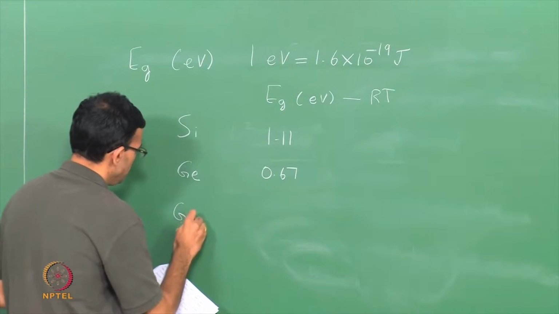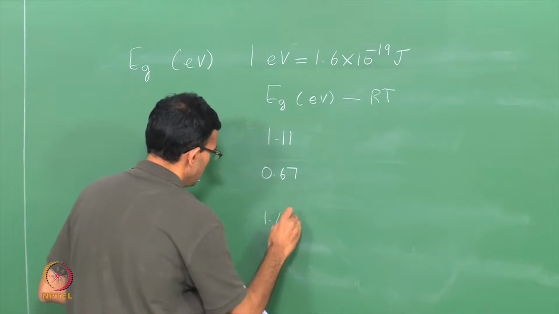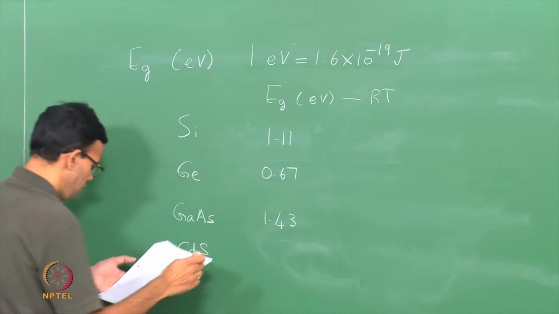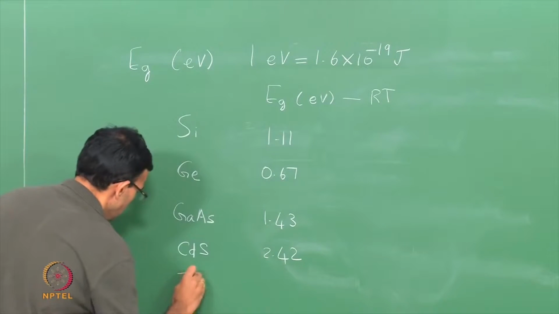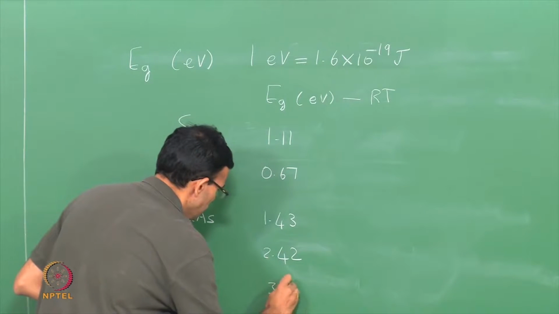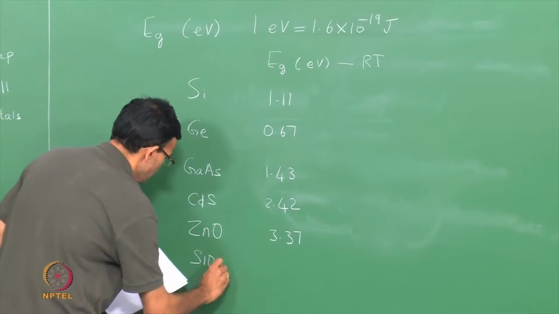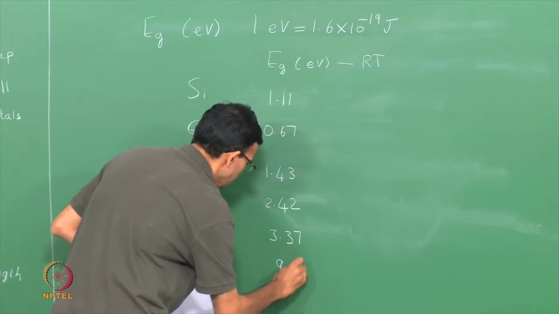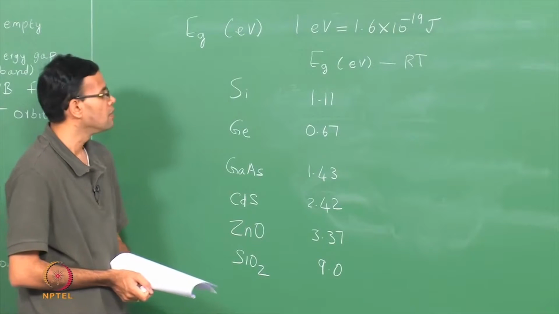gallium arsenide is 1.43, cadmium sulfide is 2.42, zinc oxide is 3.37, SiO2 is 9. So, we have some different values of band gap.